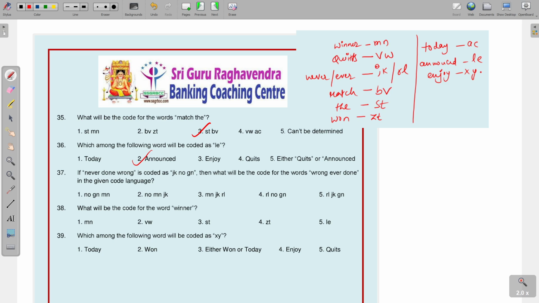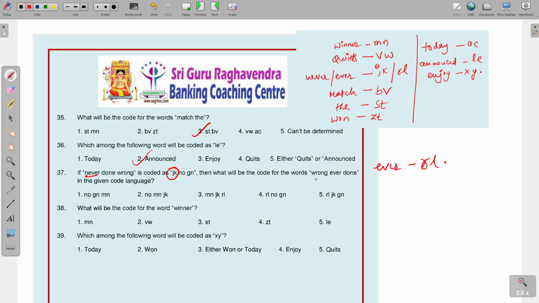Never done wrong is coded as JK, NO and GN. What will be the code for wrong ever done? Never or ever is coded as JK or RL. Here JK is repeated, so the remaining word, ever, is coded as RL. And next, wrong ever done.